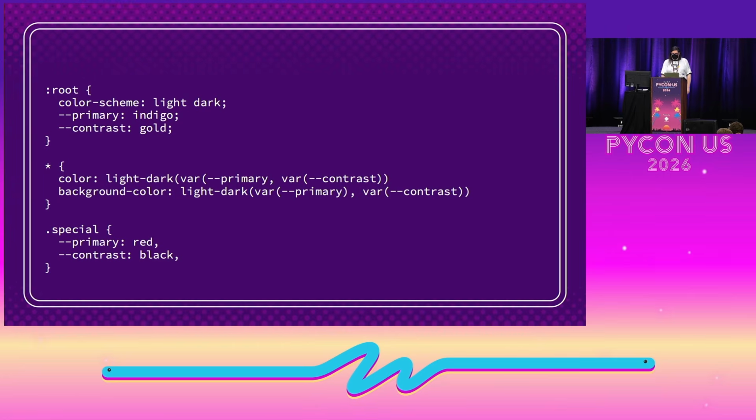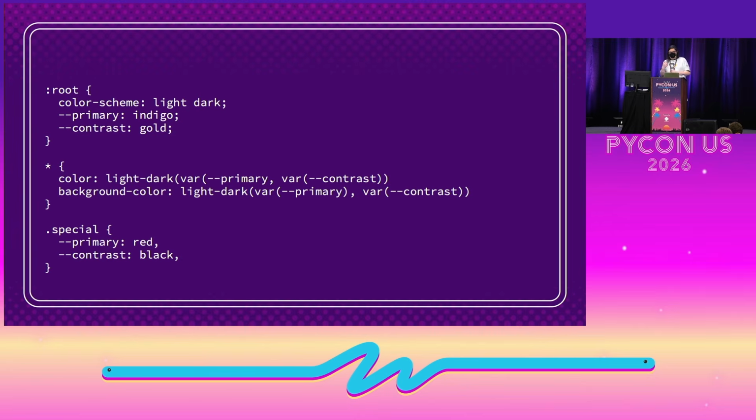All right. Combining custom properties and the light dark function lets you do something really cool. So remember that custom properties inherit. So if you write our CSS like this, in the root, we have declared color scheme light dark, and then we describe a primary color and a contrast color. Then we use the universal selector, which is this asterisk, which means every element on the page.